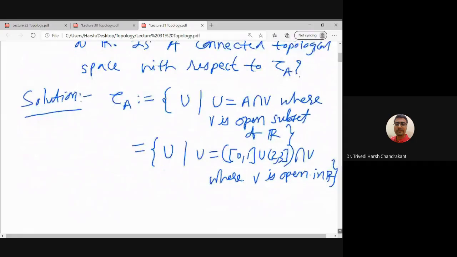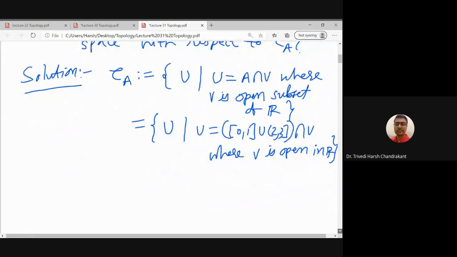So what will be the simplest elements of tau A? We know that the simplest basic open sets in R are the intervals. So if I want to find the simple elements of tau A, I have to consider the basic open sets V of R, which are the open intervals in the real line.